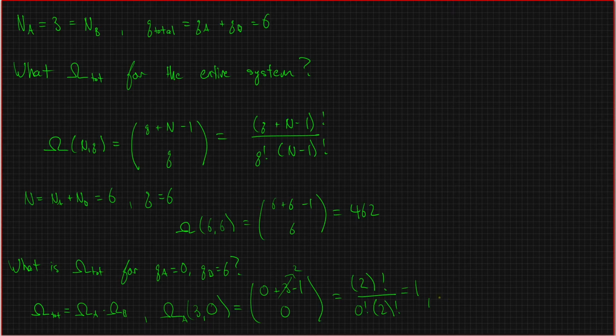Now let's also calculate B. I'm sorry if this is getting a little messy. So state B also has 3 oscillators, but it's got 6 units of energy. So we use the exact same formula. It'll be 3 plus 6 minus 1 choose 6. So this becomes 9 minus 1, 8 choose 6.